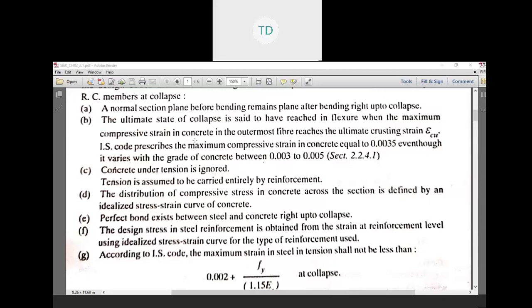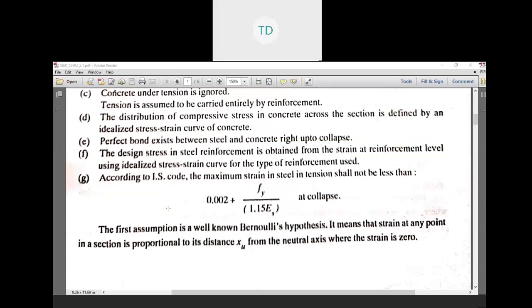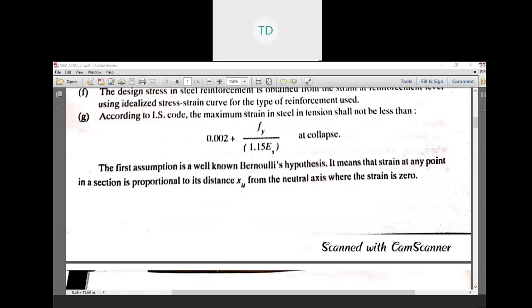Another assumption is perfect bond exists between steel and concrete right up to collapse. The design stress in steel reinforcement is obtained from the strain at reinforcement level using idealized stress strain curve for the type of reinforcement used. The word types of reinforcement used is very essential.